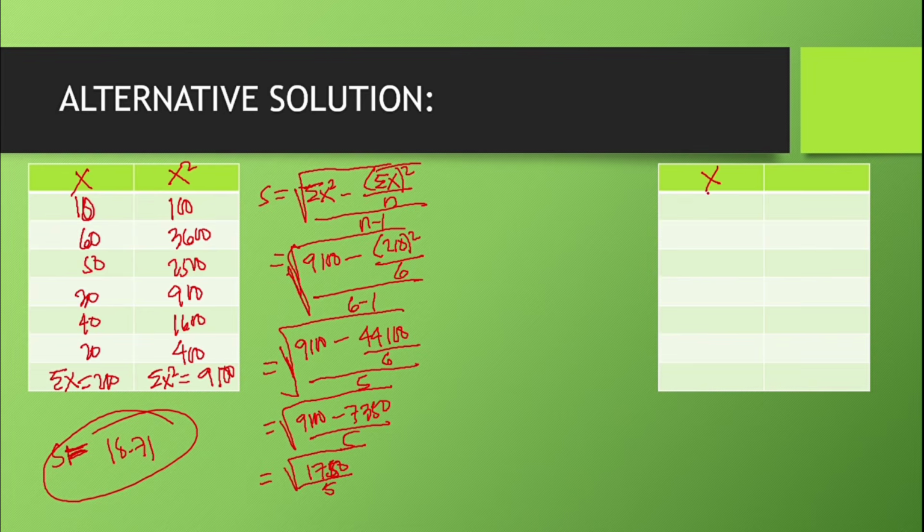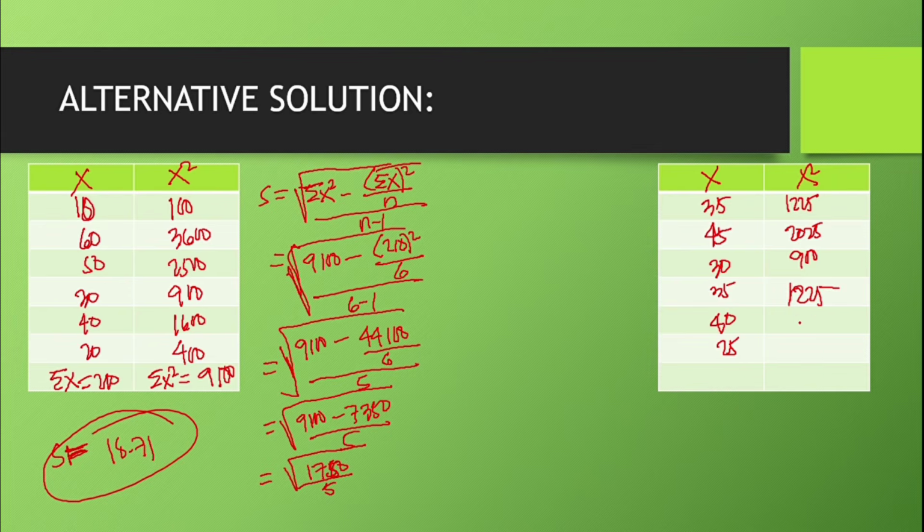Next, we have x here, which is 35. This is a given. 45, 30, 35, 40, and 25. And x squared here is 1,225, 2,025. So we have here 35 squared, 1,225.